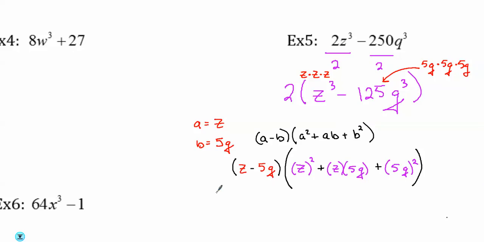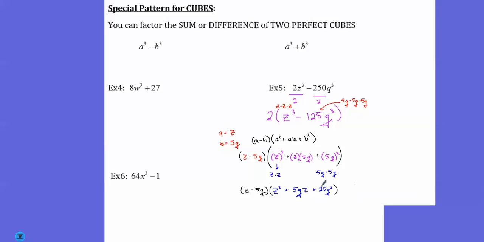All right, so this is partly done. All right, I went ahead and worked it. You see that I've taken the z cubed and separated it into 3 z's, or you could take the cube root of it. I did the 125 and it's 5q, 5q, 5q. I wrote down what the A and the B are equivalent to so that it made it easier to put them into the pattern.